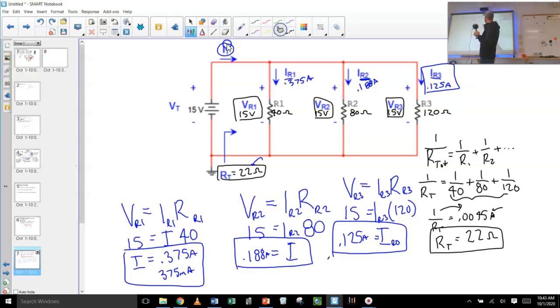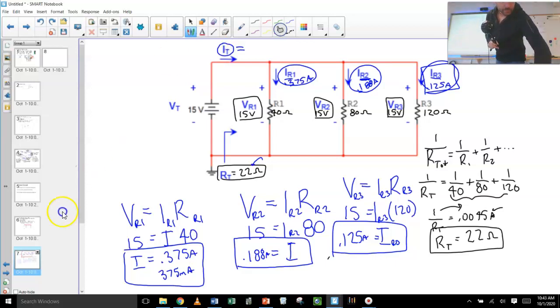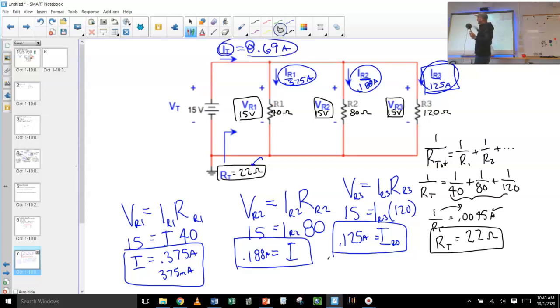So I'm going to take each of these currents, add them together, and that's going to give me the total current. And the total current turns out to be 0.69 amps. And remember, that is adding up. I'm taking this one, plus this one, plus this one.